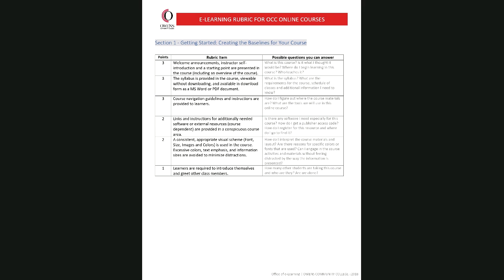The reason why I have this rubric item like this, where it says it's provided in the course, viewable without downloading, is because that provides ease of navigation for your students. Yeah, I did see that in one of the things you had up there.